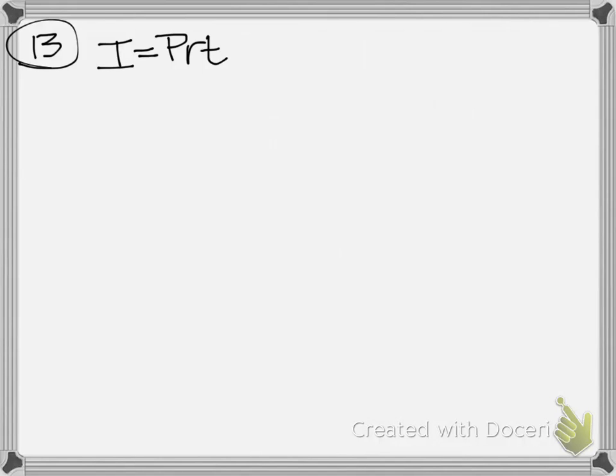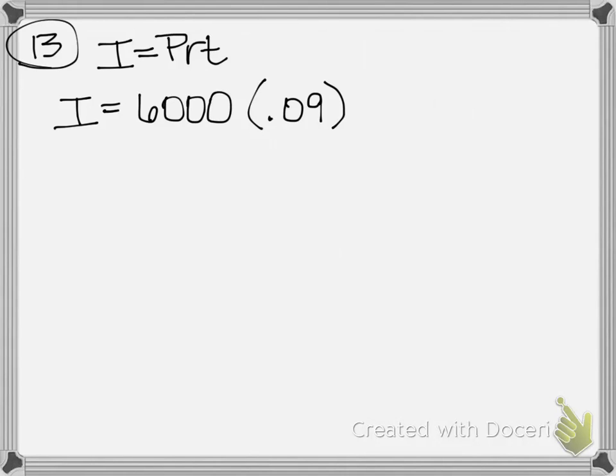P stands for principal, which is how much you're starting with. And we are starting with $6,000. Our rate is 9%. So I like to put that in as a decimal, which would be 0.09. And my time is 230 days.